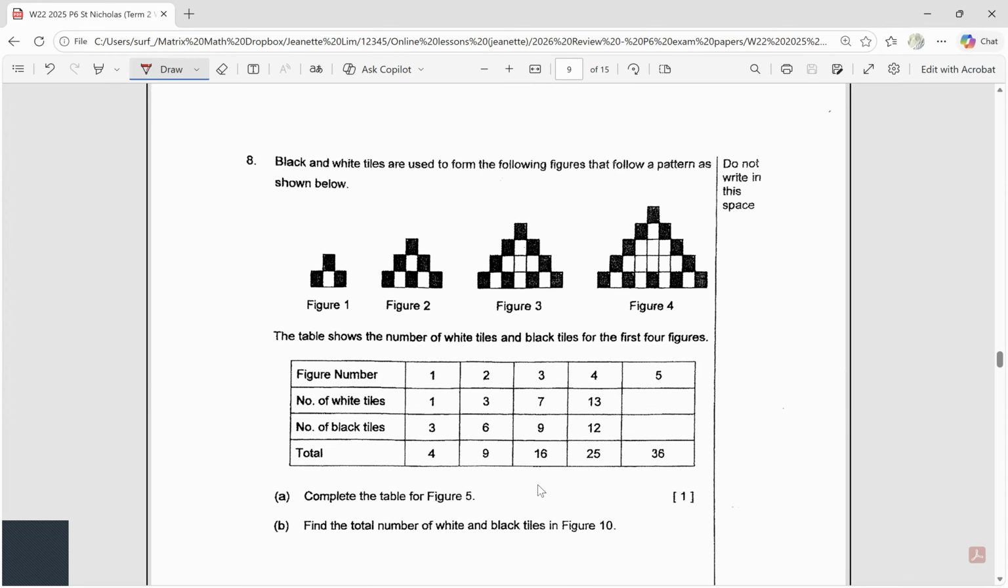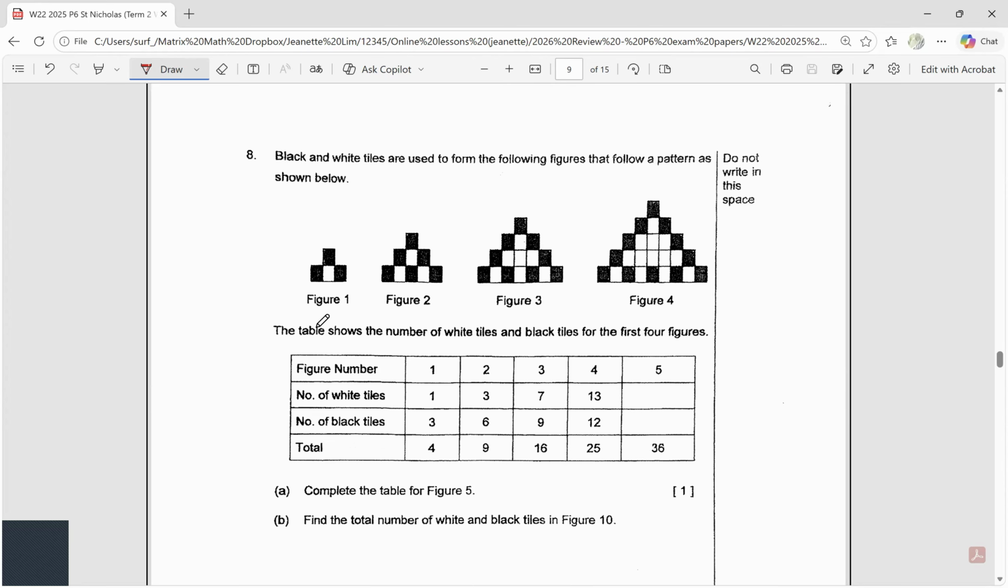Question 8, this is on patterns. Black and white tiles are used to form the following figures that show a pattern. Fill up the table for part a for figure 5. Which one is easiest to see and compare: white tiles, black tiles, or total? Total.